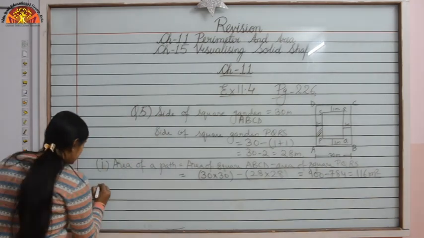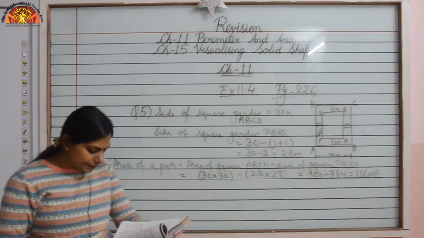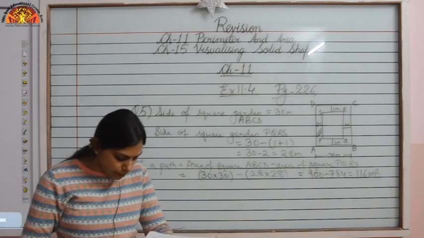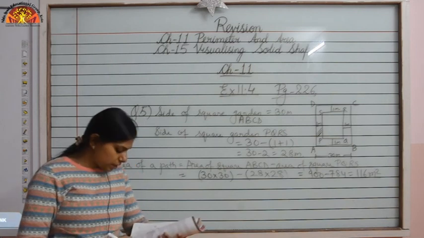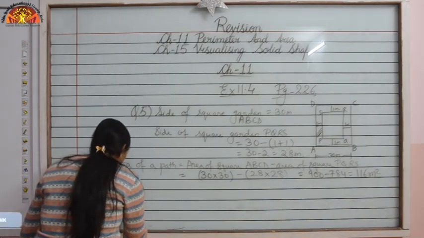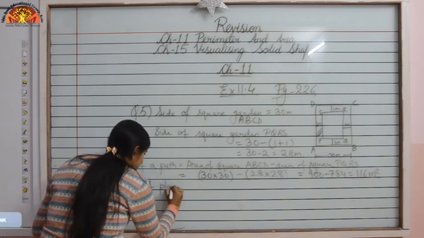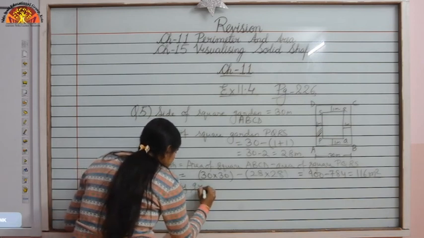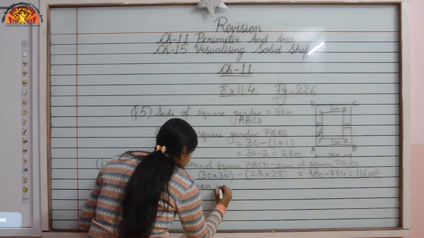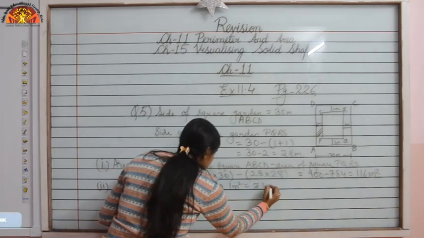Now the second part. What is given? The cost of planting the grass in the remaining portion of the garden at the rate of rupees 40 per meter square. Okay. So the cost of planting grass in 1 meter square is equal to rupees 40.